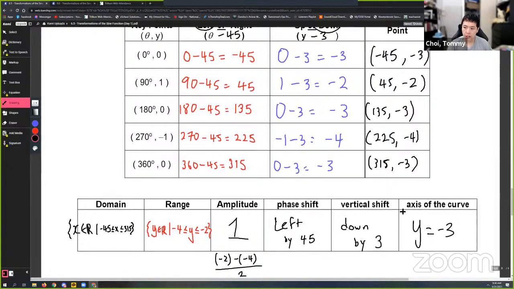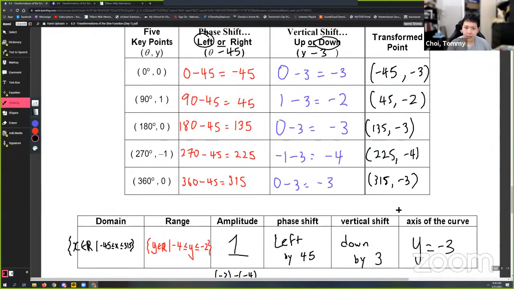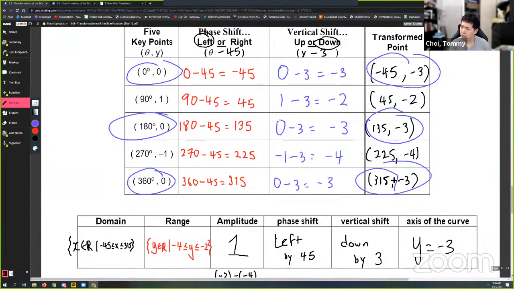And for those that are curious, how can we get that faster? I think you guys can quickly identify that. You'll notice the 3 points that were already on the equation of the axis for the original are these 3 points, which means when they get transformed, they should still be in the middle. Does that make sense? Right? So these 3 points are in the middle of our graph, and I'll show you that on the next page here.